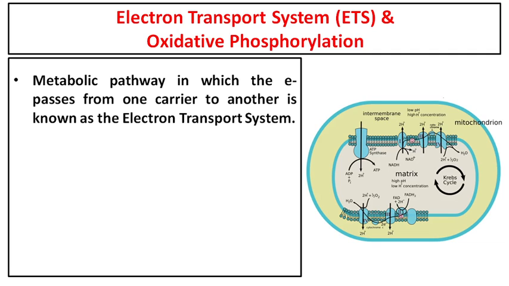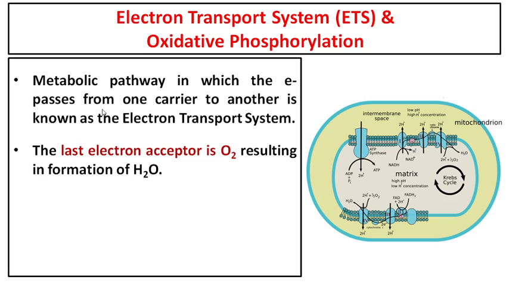Here, it is present on the mitochondrial inner membrane. The electrons are transferred from one electron carrier to another, and this whole path through which the electron has to pass is known as the electron transport system.